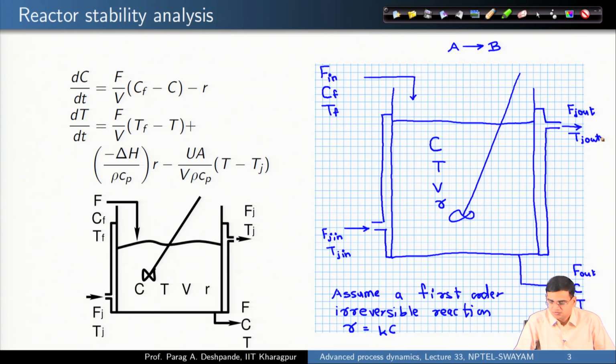So, the overall picture is this: on the right hand side, there is an irreversible first order reaction A going to B, which is taking place in a CSTR.